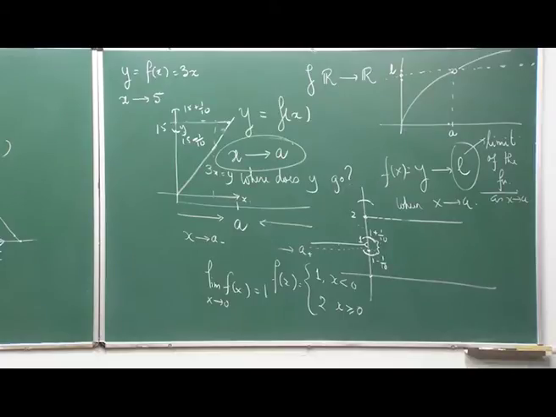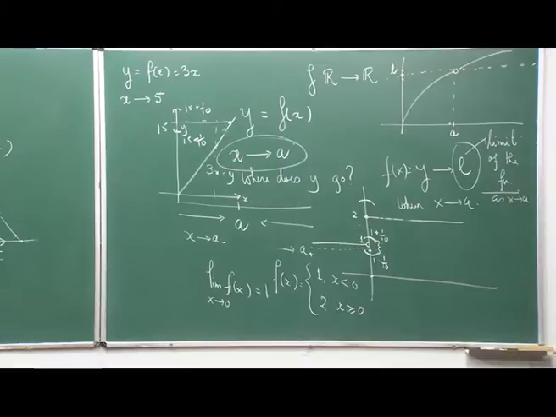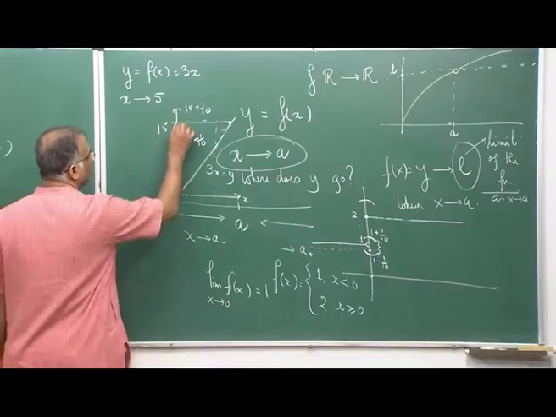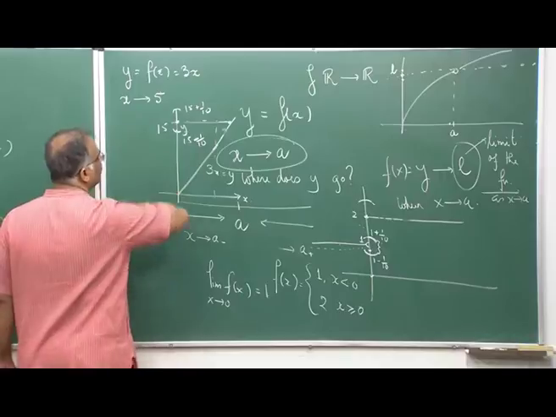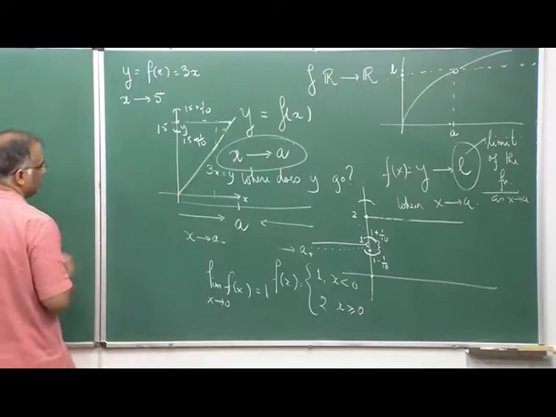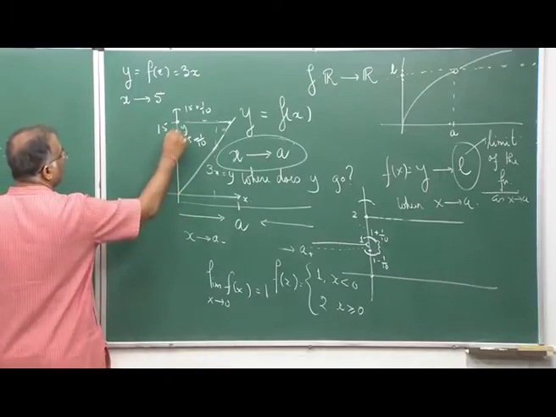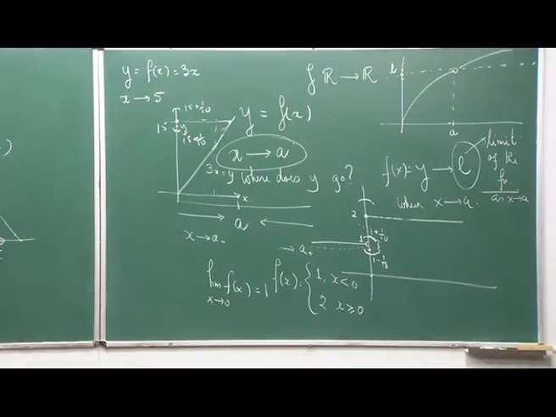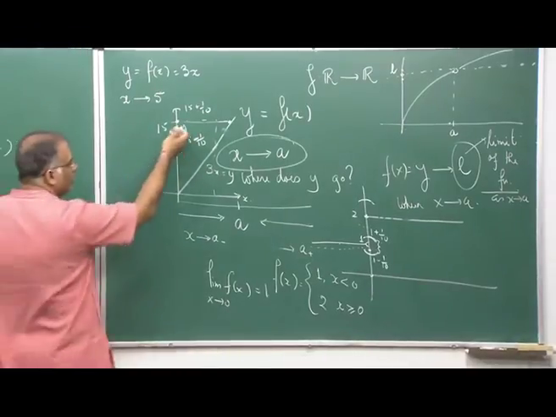Once we have done this, what have we done? We have done the following. You say that your limit L is such that you take any point here, any point, let me take any point y.